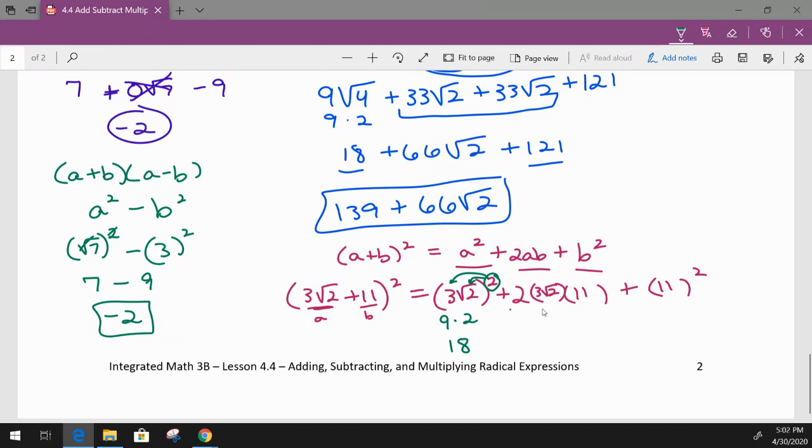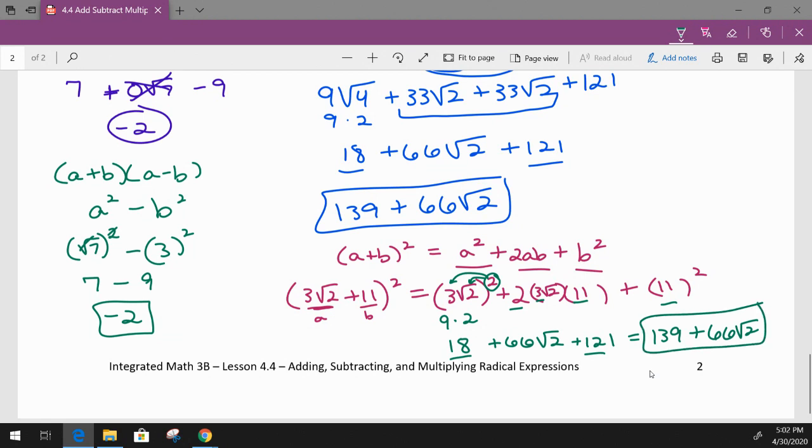In your middle term, multiply the 2, the 3, and the 11 together, which will give you that positive 66. And then square root of 2 is still in the radical. And then your 11 squared is 121. Again, you have like terms of 18 and 121, again equaling 139 plus 66 square root of 2.